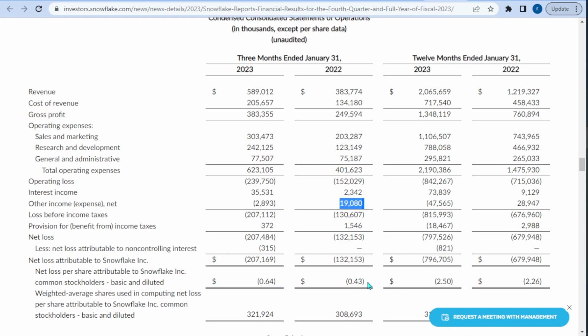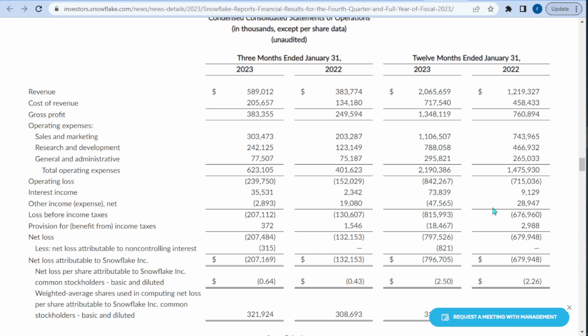And right here, it's negative 43 cents per share. So if we're looking at the 12 months, we have negative $2.50 of earnings per share and negative $2.26 of earnings per share in the last year. So the EPS is going further down to the negative side. So that's never really a good sign.